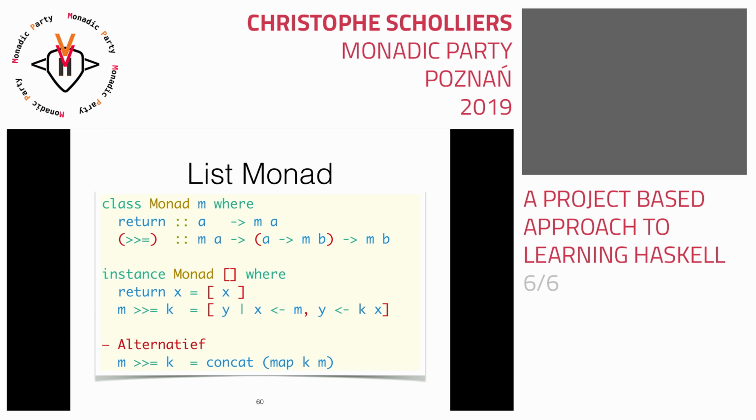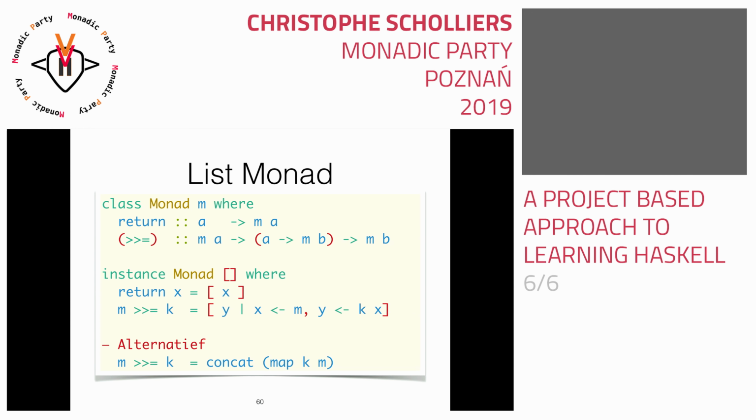What we do then is take all the elements out of this original list, and then create new elements, y, by applying the function k, which returns a new list, to each of these elements.